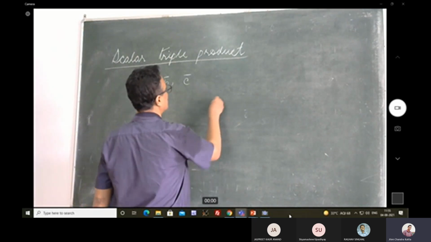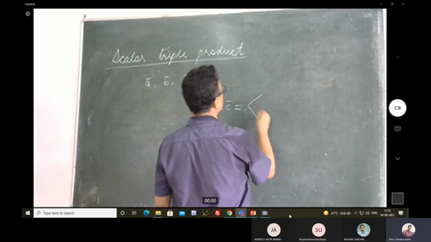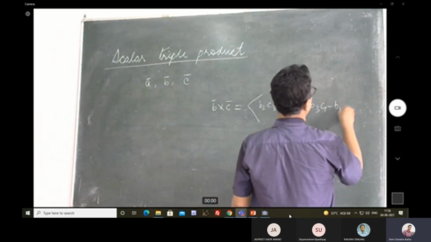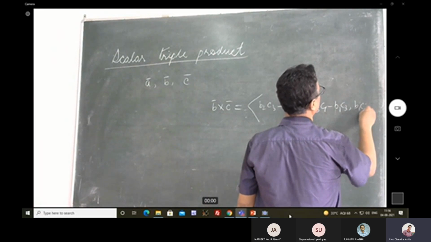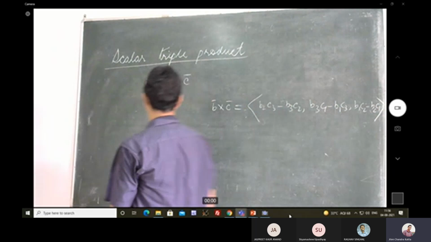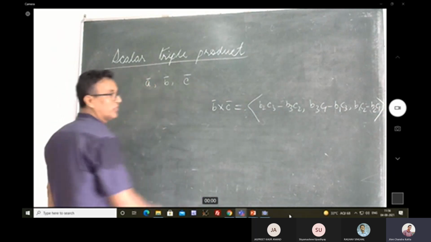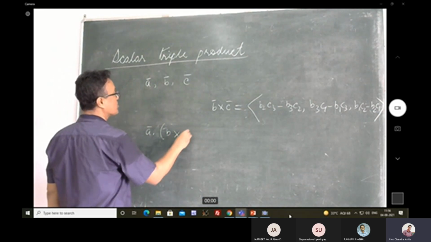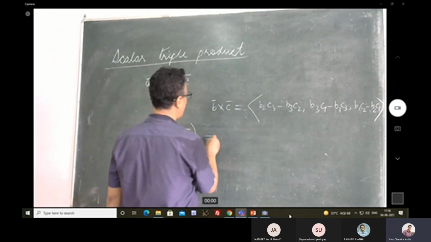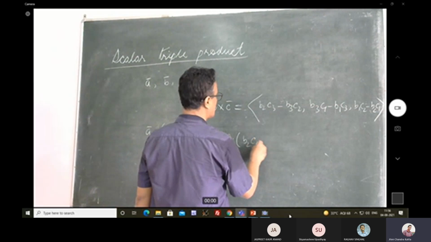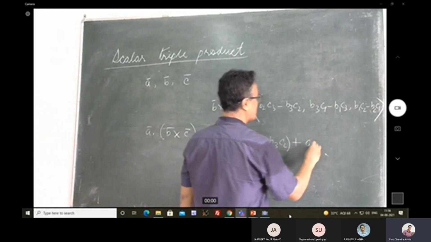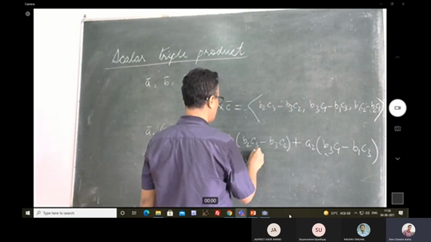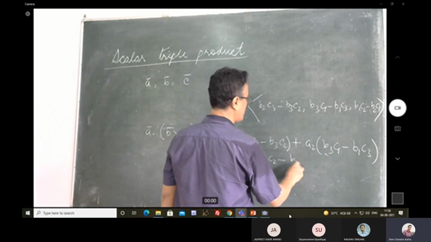Then B cross C is simply (B2C3 − B3C2, B3C1 − B1C3, B1C2 − B2C1). And from the definition of dot product, A dot B cross C is given by A1(B2C3 − B3C2) + A2(B3C1 − B1C3) + A3(B1C2 − B2C1).